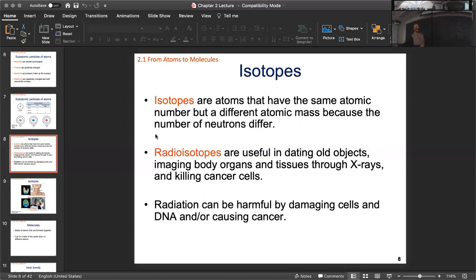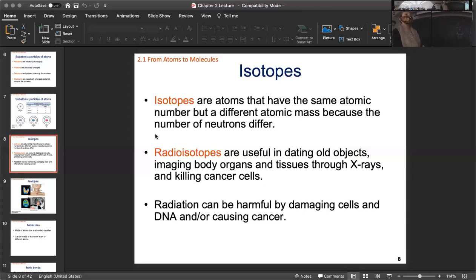But now we're saying that that number is different because of the number of neutrons. So if this is protons plus neutrons, and now we have a different number of neutrons, we're going to have essentially some sort of different element. Even though it's still going to be magnesium, it's just a little bit different, and the reason it's different is because of the neutrons.